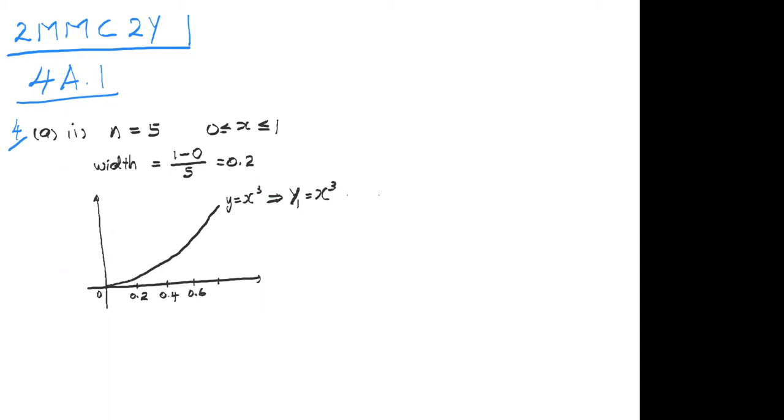It will be 0.8. And the last one is 1.0. Correct? So now you see, you got 1, 2, 3, 4, 5 rectangles. So we want to draw an upper and a lower rectangle.